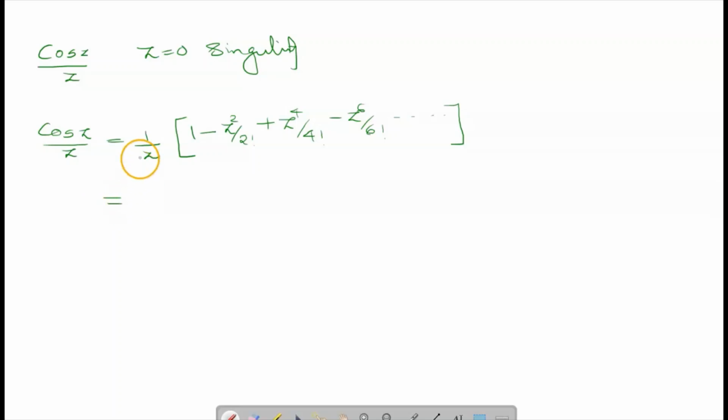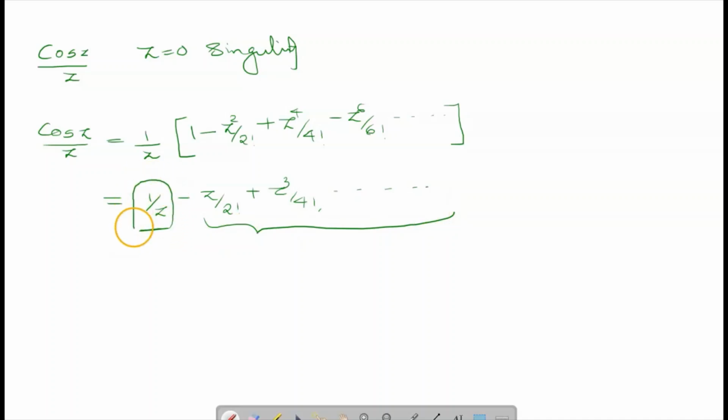Multiplying with 1 by z, we have 1 by z minus z by 2 factorial plus z cube by 4 factorial, etc. In the series expansion, the other terms are all positive powers of z. The only term containing a negative power of z is one term.